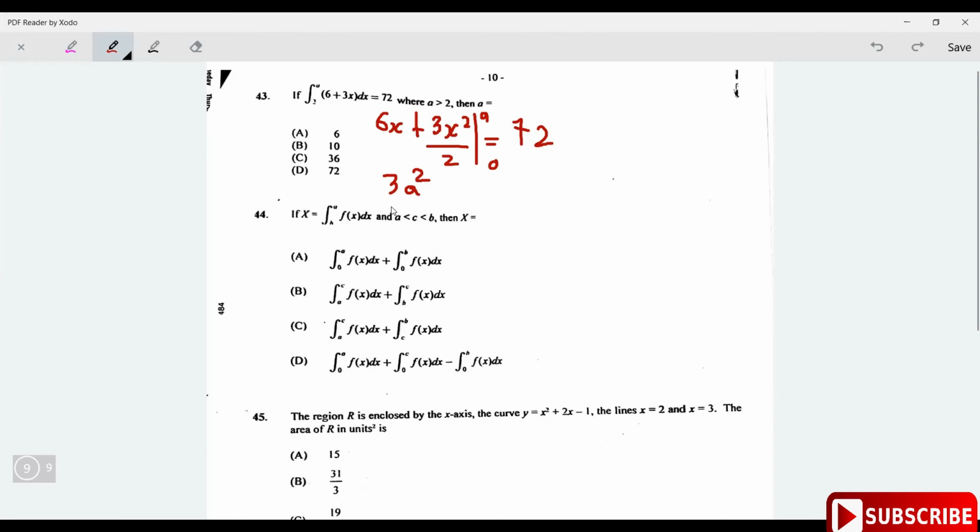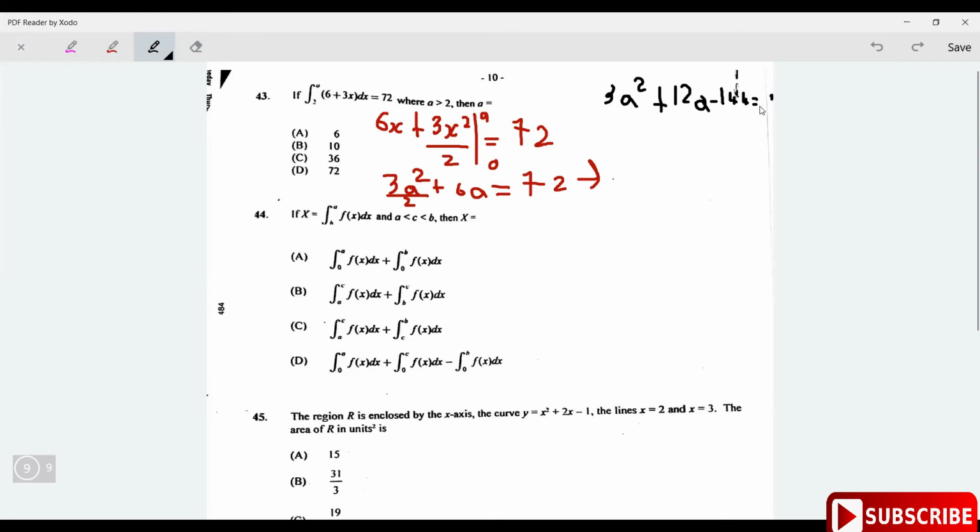This is going to give us 3a squared over 2 plus 6a is equal to 72. Multiplying through by 2, you will get 3a squared plus 12a equals 144, and then I just write it as minus 144 equals 0.